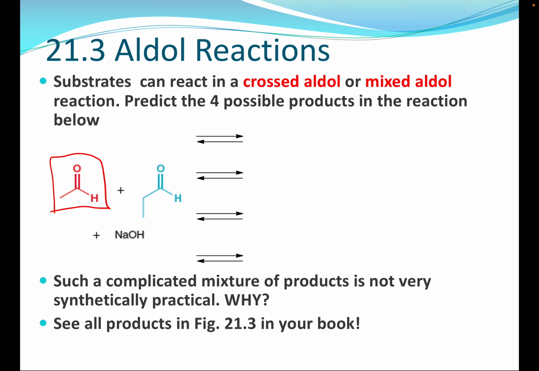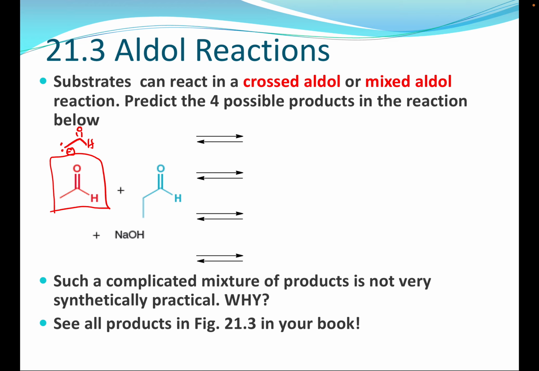And so the first one, I'm going to turn our smaller aldehyde into the enolate to react. So what I'm going to do is above each of these structures draw the enolate version, so it's easier to visualize how that molecule could then react with itself, the way that we've been learning this reaction.